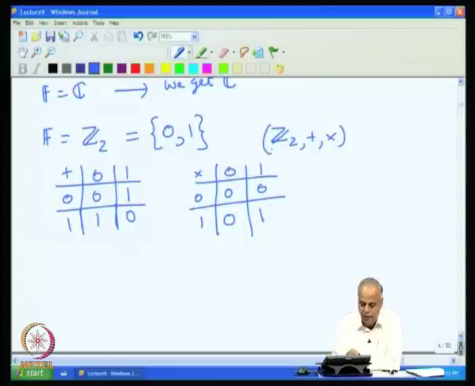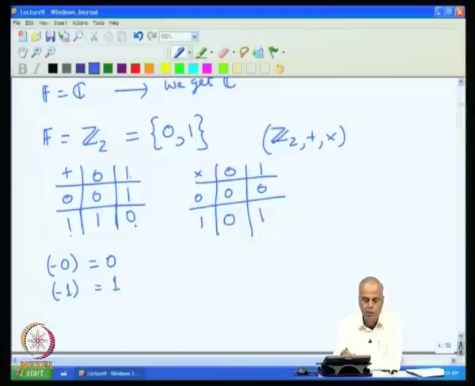Now, in this field, for example, what is minus 0? Minus 0 is 0 itself, and minus 1 is 1 itself, because 1 plus 1 is 0, and therefore 1 acts as the negative of 1.